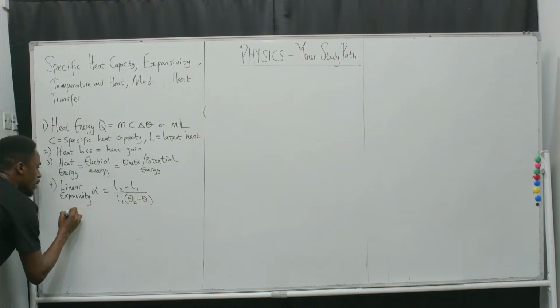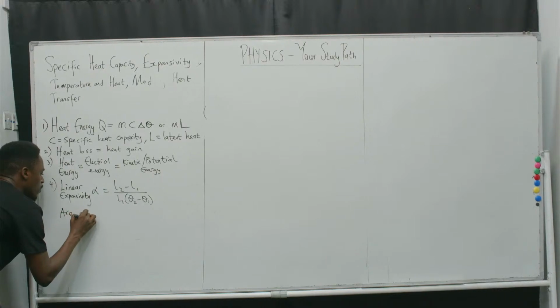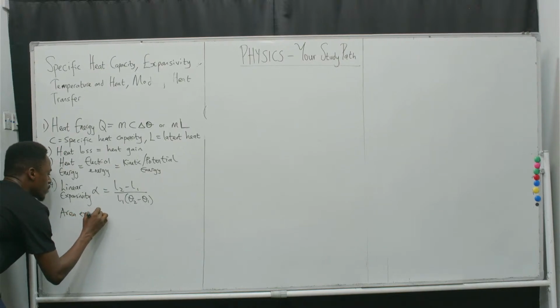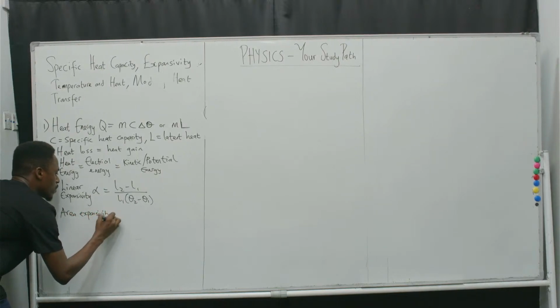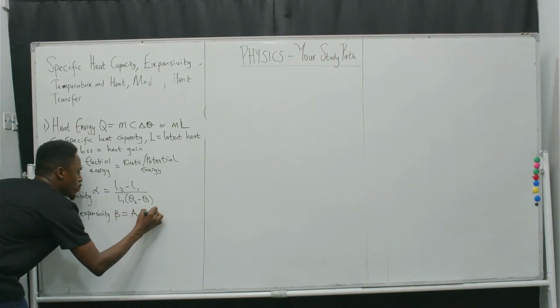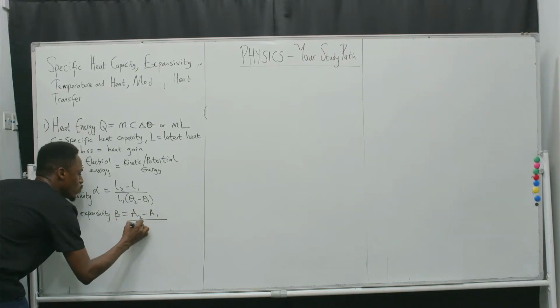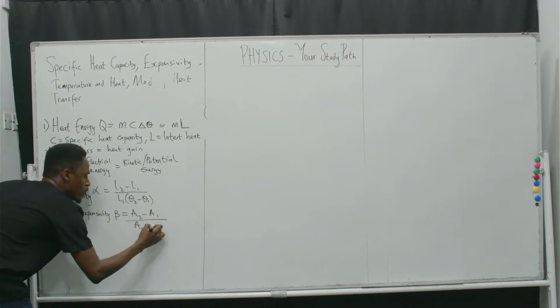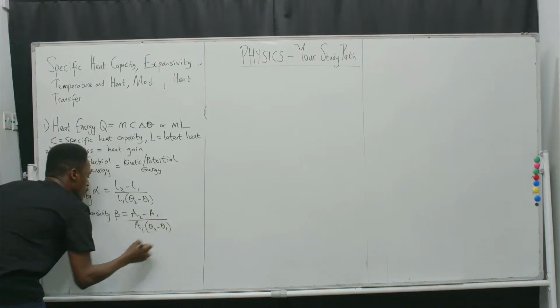We have the area expansivity, beta, which is equal to (A2 minus A1) over A1 times (theta 2 minus theta 1).